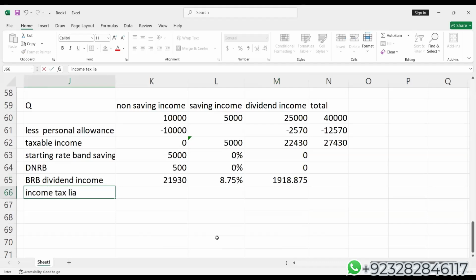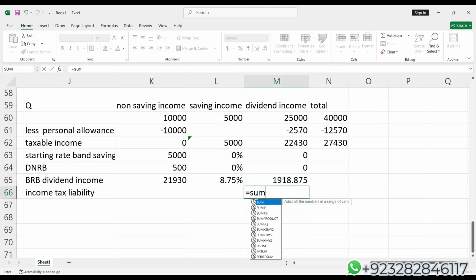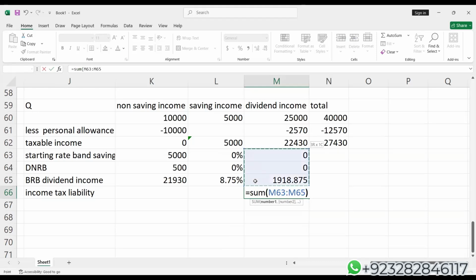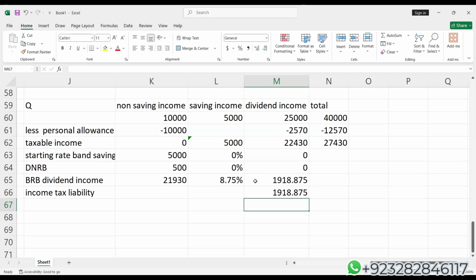Income tax liability, simply you can use the sum formula. It is 1,918.